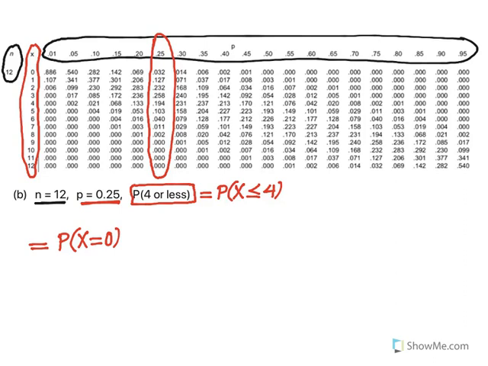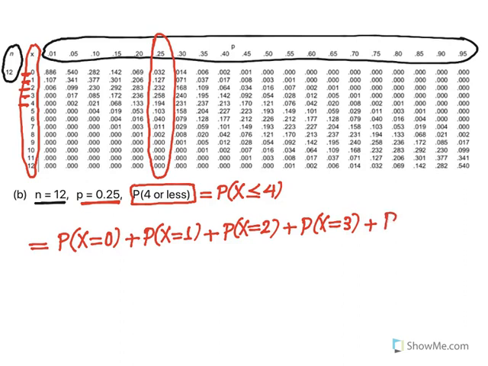Notice that you can have 4 or 3 or 2 or 1 or 0. So you need to add the probabilities of x equals 0, x equals 1, plus probability of x equals 2 plus probability of x equals 3 plus probability of x equals 4.